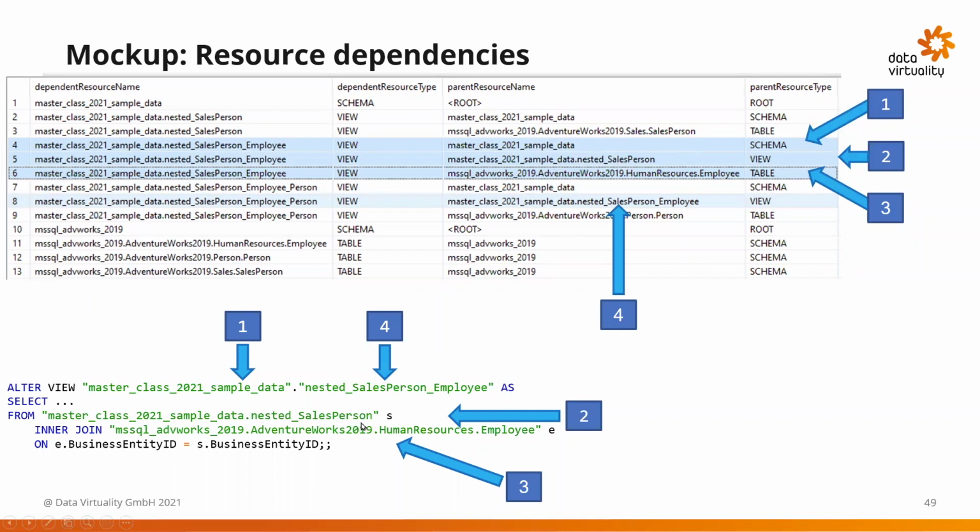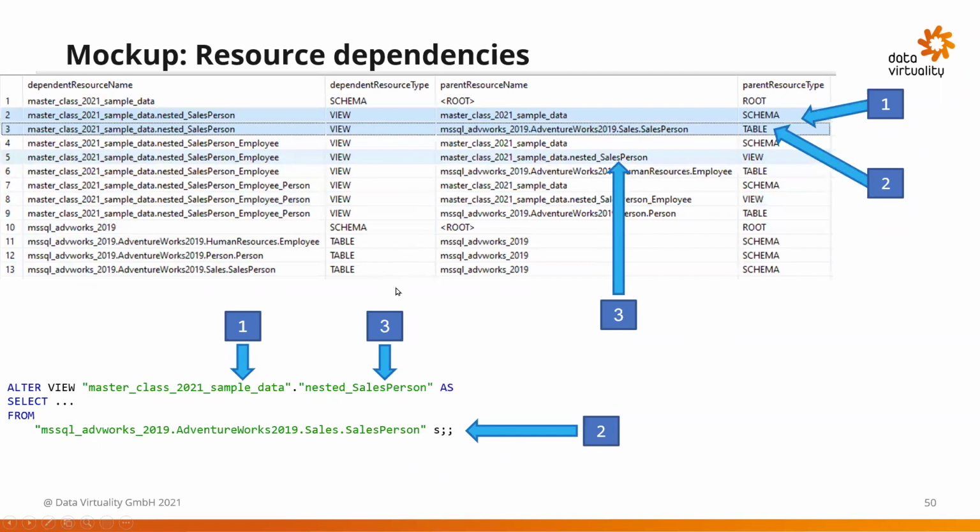And if you look, you can start to see a pattern, right? I nested these views, right? Nested salesperson employee depends on nested salesperson, and it joins on the employee table, number 3 here. So as you can guess, we're going to unwrap nested salesperson next.